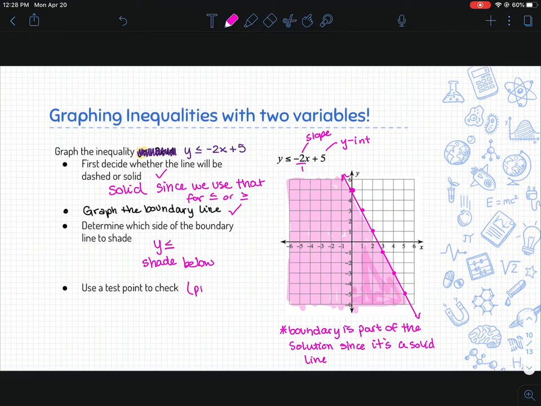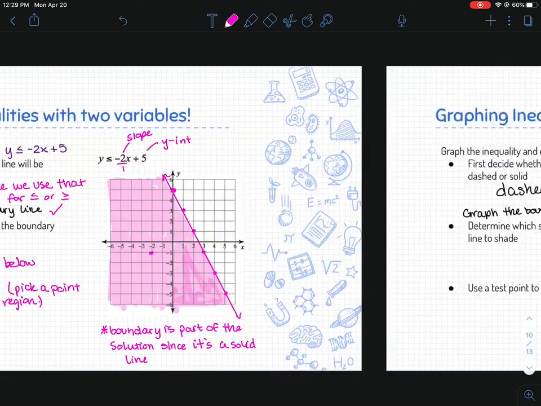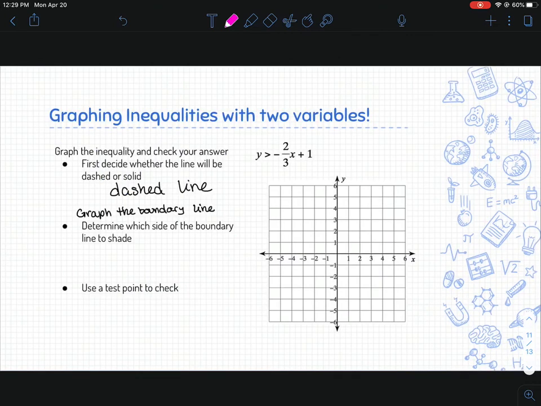Okay, it says use a test point. So pick a point from the shaded region. I'm going to pick the point -2, -1.